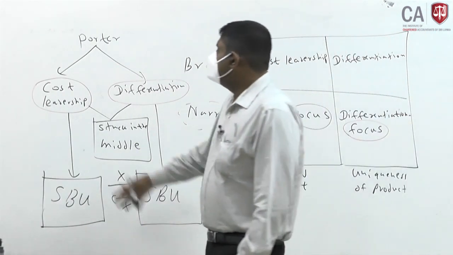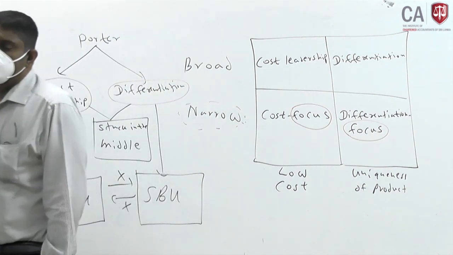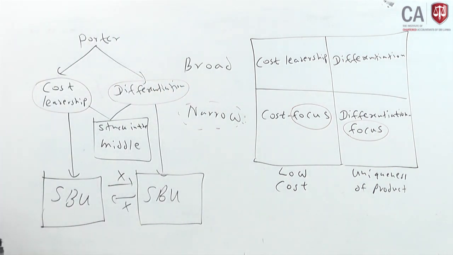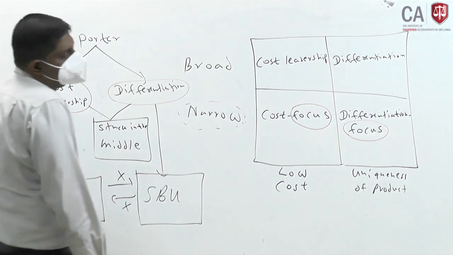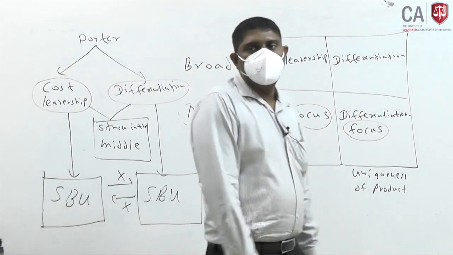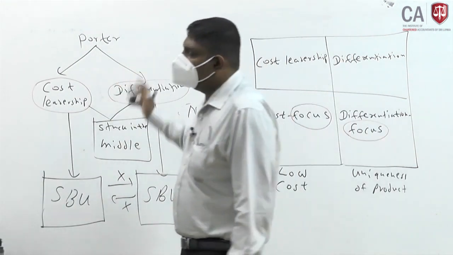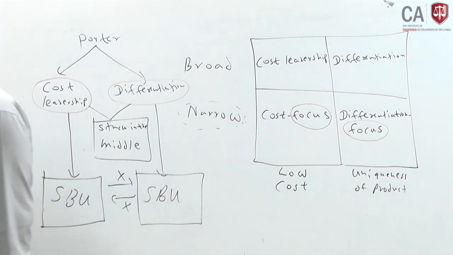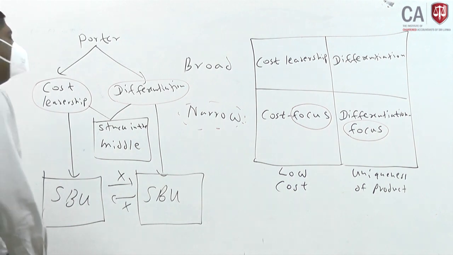For example, under cost leadership, you will be more concerned with efficiency. Under differentiation, you will be more focused on research and development and innovations.